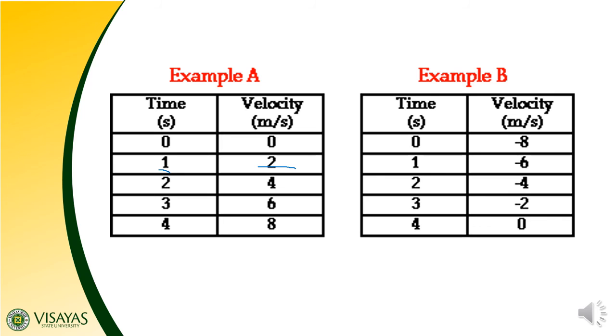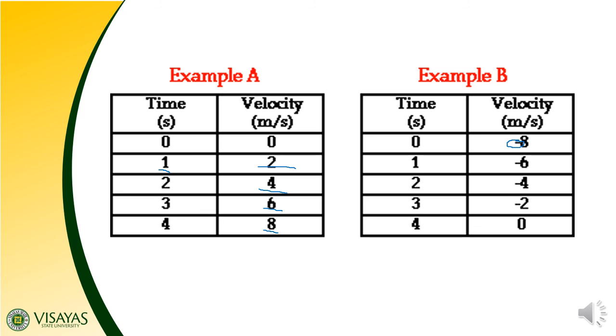So naging 4 meters per second na siya. Tapos after 3 seconds, naging 6 meters per second. And after 4 seconds, naging 8 meters per second. So in example A, remember the object is moving in the positive direction and is speeding up. While example B tells us that the object is moving in the negative direction, as indicated by this negative sign.